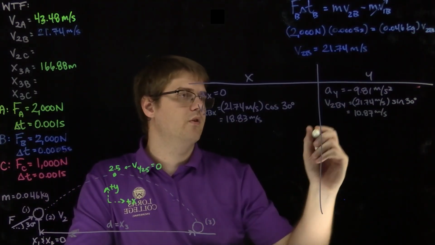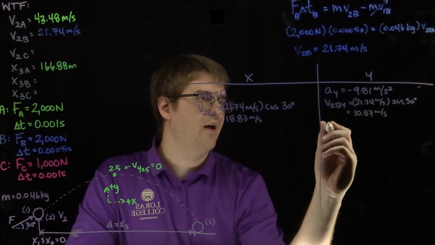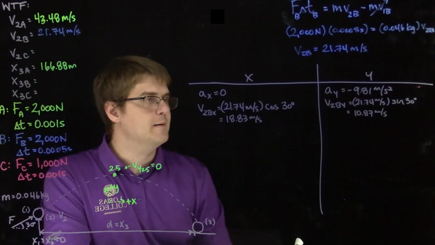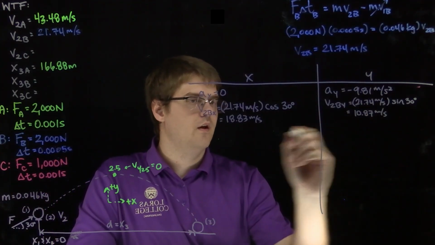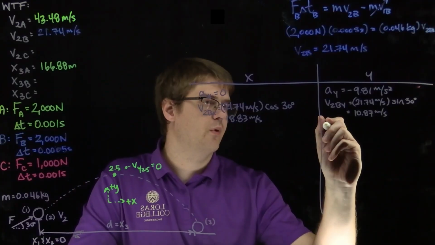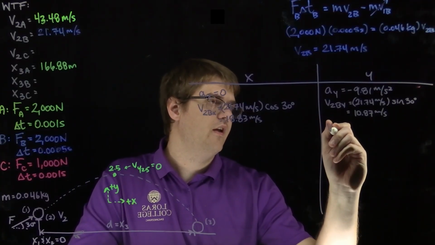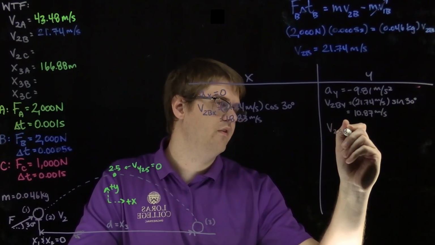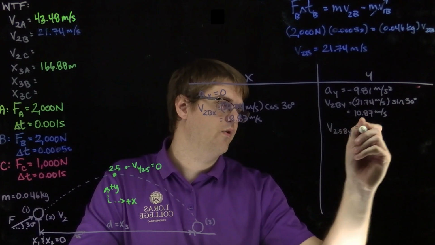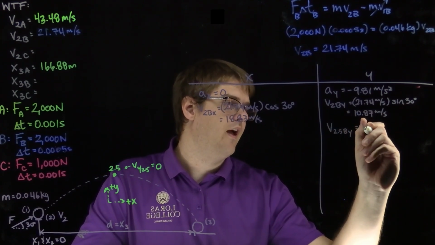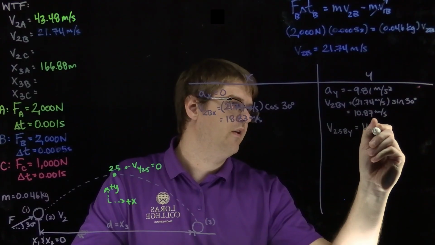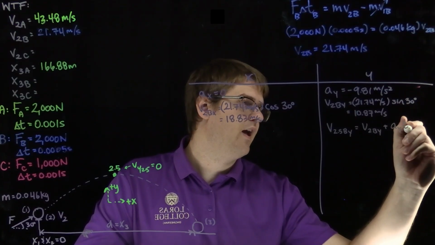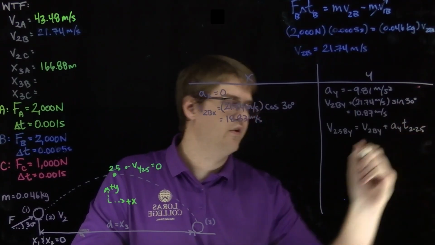And then what I'm going to do after this is, we learned our lesson, we're going to solve y first. So we're going to say that velocity at 2.5 for b in the y is going to be my velocity at 2 at b in the y plus my acceleration in the y times the time between 2 and 2.5.